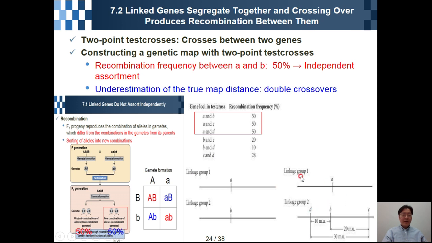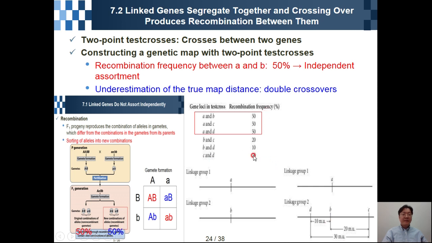Based on this information, we can write down another chromosome where A will be located, and on a different chromosome, B, C, and D will be located together. Between B and C is 20 map units, and between B and D is 10 map units, but between C and D the recombination frequency was 28.